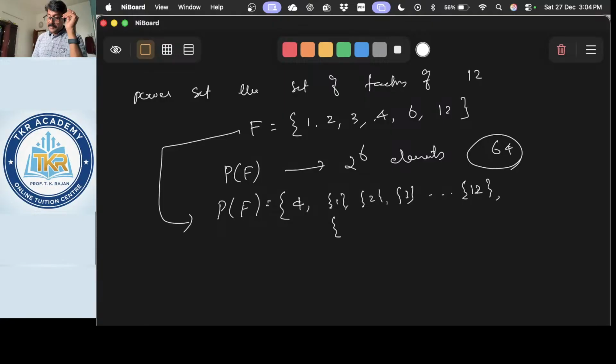Then subsets having 2 elements: {1, 2}, then {1, 3}, {1, 4}, {1, 6}, {1, 12}, {2, 3}, like that, up to {6, 12}. Then subsets having 3 elements, having 4 elements, having 5 elements, having 6 elements. All these sets you can write, then you will get the power set.